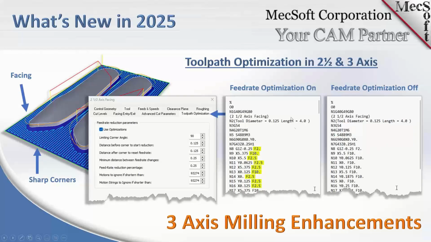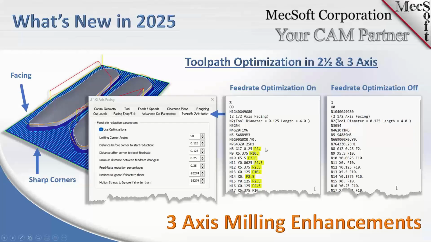And then the G code in the middle is with the feed rate optimization applied. You see you have your initial feed rate of 10, and then when it approaches each corner, it drops down to 2.5 or 25%. So that'll do that through the entire toolpath and make those adjustments.